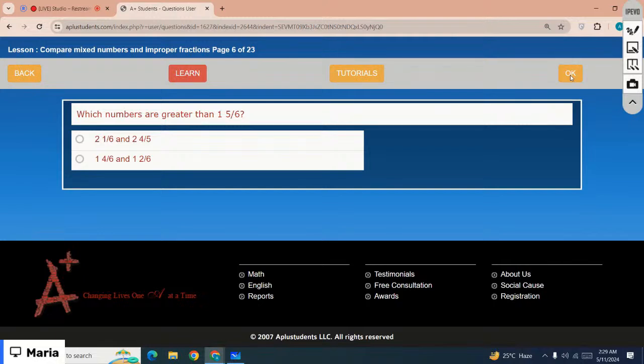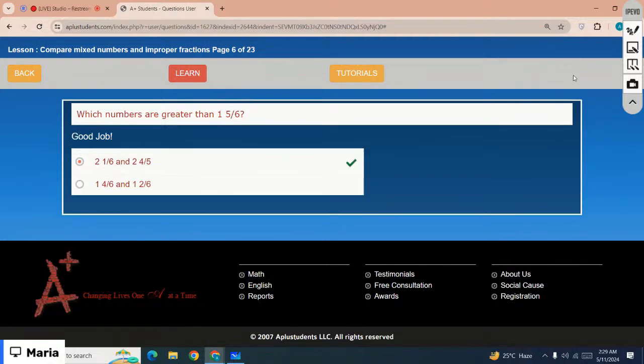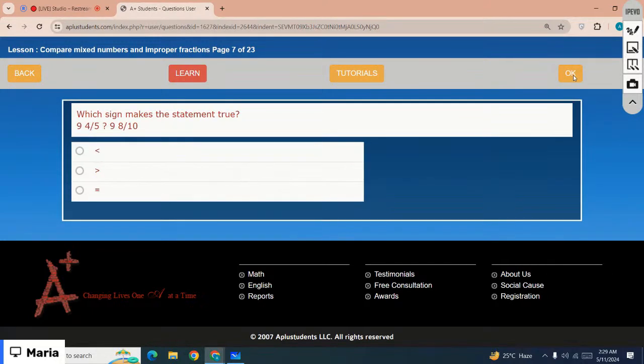The correct option is 2 whole 1 by 6 and 2 whole 4 by 5 is greater than 1 whole 1 over 6. Option number 1 is the correct option. Okay, you can complete the lesson by yourself later today. Let me just move on to next lesson.